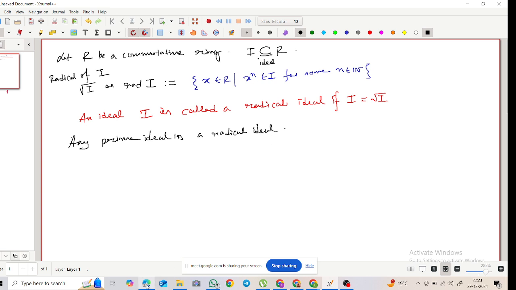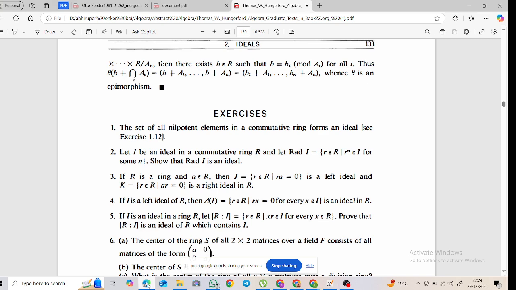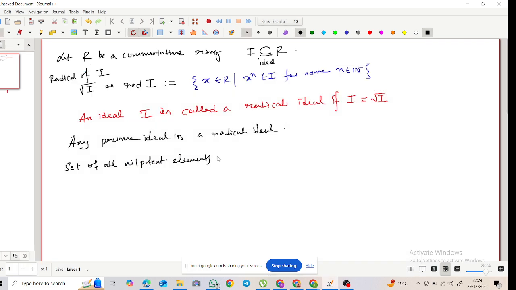So now, clearly, the set of all nilpotent elements is denoted by root 0, right?